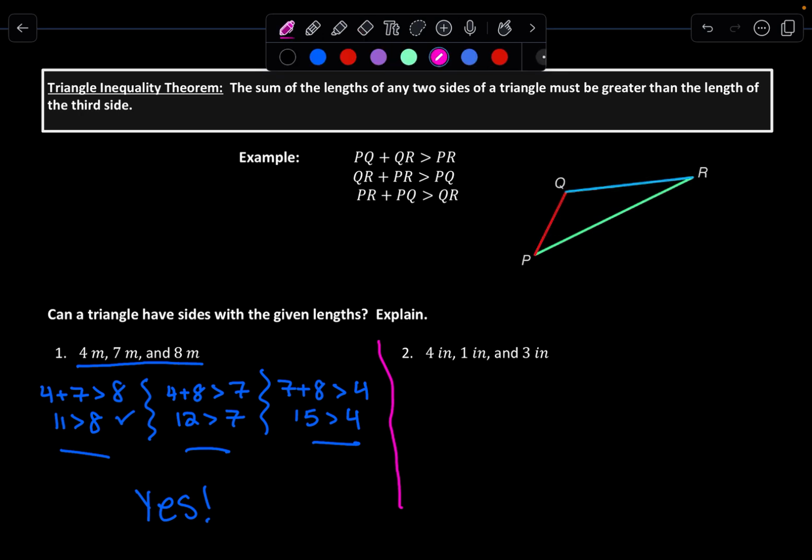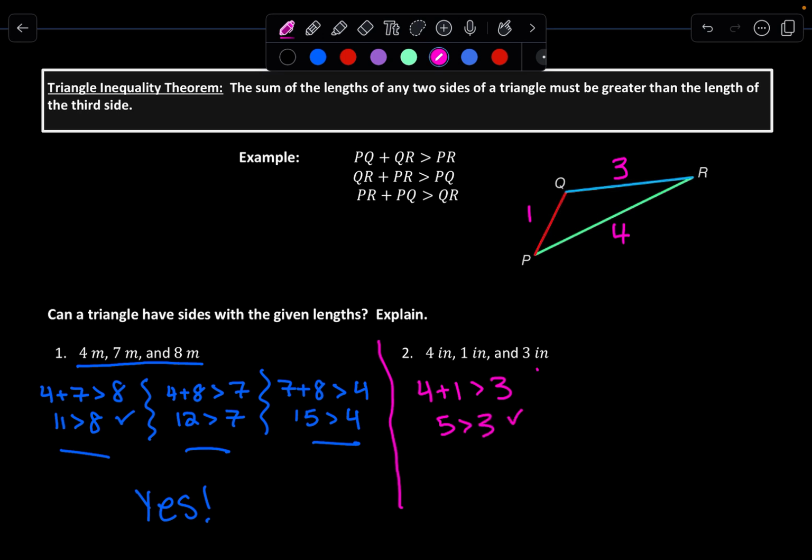Example two is now saying 4, 1, and 3. So if I label this one 1, 3, and 4, could those be potential sides of a triangle? Well, if I check and add my sides together, 4 plus 1 has to be bigger than my third side 3, which, yes, that works.